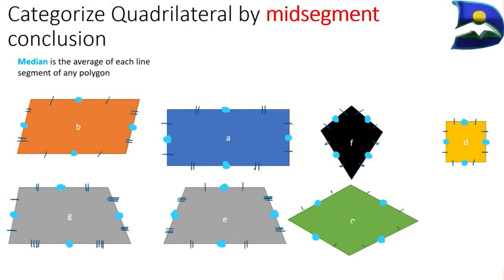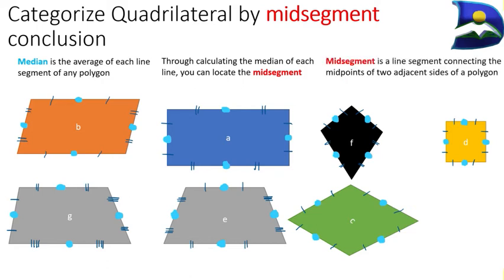Based on that, we need to arrive at what the midsegment is about. Once we are able to determine the median, the midsegment is the line segment that connects the midpoints of two adjacent sides of a polygon. For example here for B, we have this line that is connecting the medians of the two adjacent sides.